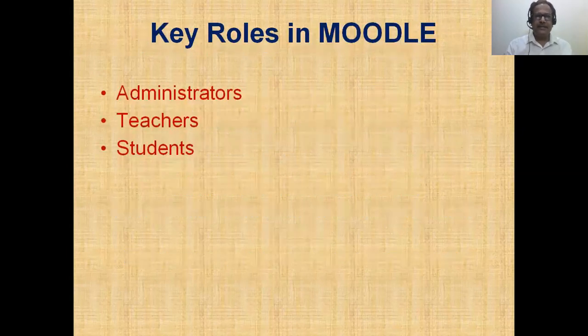Okay, let's understand. Moodle works on roles. There are three important roles in Moodle. One is administrator, one is teacher, and the third one is student. These are all roles assigned to certain users who have the requisite capacity as well as capability to run the course.